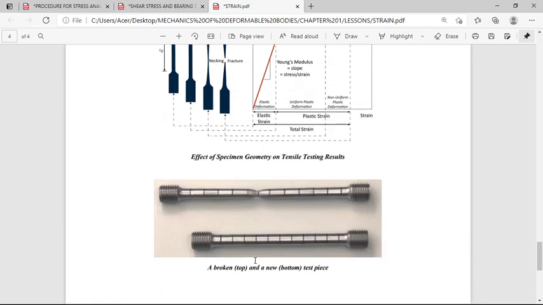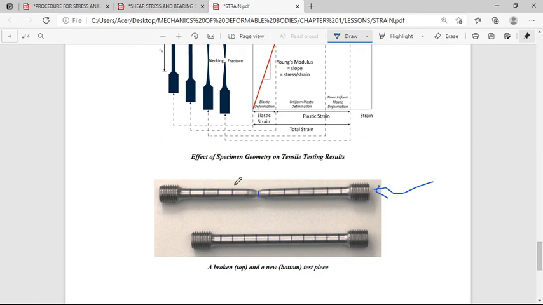Ito lang naman yung mga example ng isang test specimen. Dito sa pinakababa, meron tayong broken specimen. Ito, nasa may top figure. Malapit na siya sa kanyang breaking point, yung mapuputol na talaga siya.